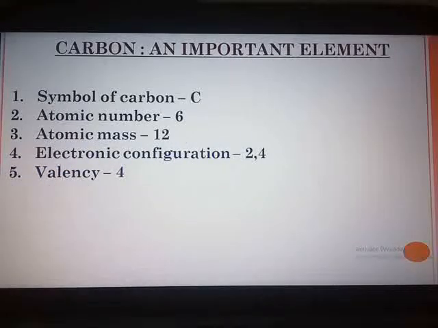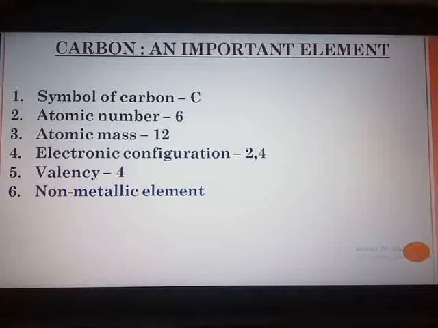Ahead in this chapter we have seen how carbon, instead of going for a give and take relationship of electrons, decides to share the electrons, thus forming a covalent bond, and it is a non-metallic element. Now, compounds which are obtained directly or indirectly from plants and animals are called organic compounds, and those which are obtained from minerals are called inorganic compounds.